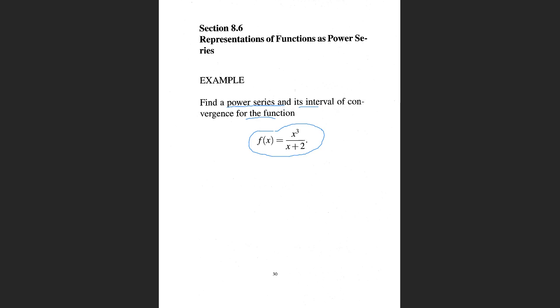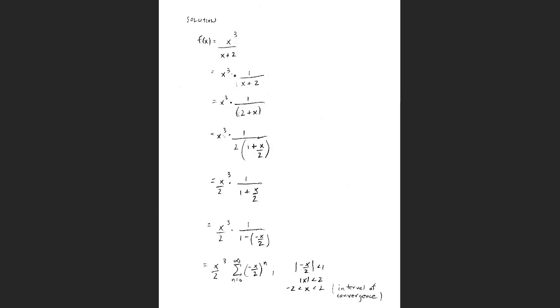Okay. All right. Well, so what I'm going to do is I'm going to write x cubed over x plus 2, that rational function, as x cubed times 1 over x plus 2.